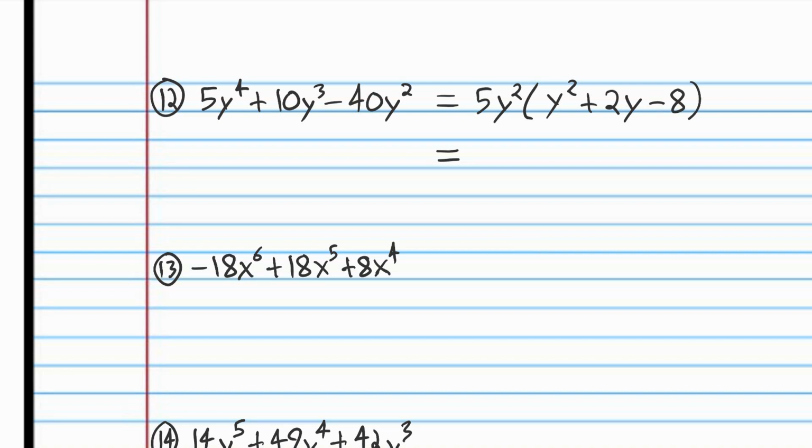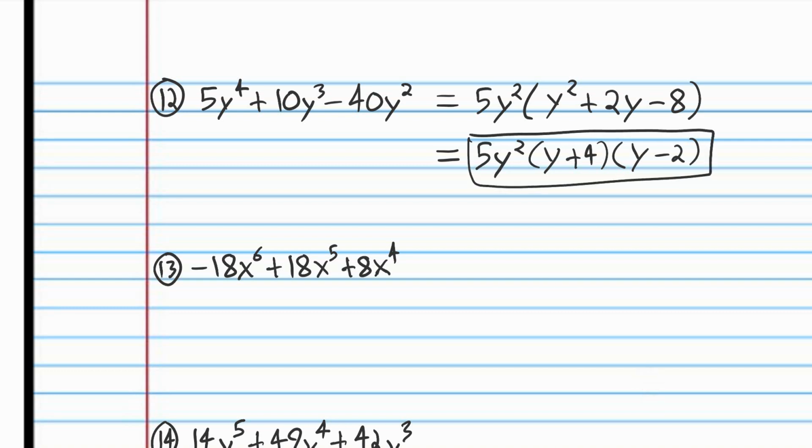Yep, that's correct. And we have a quadratic expression. And this is easy because we do not have a coefficient on y squared. So all we have to do is ask what two numbers multiply to negative 8 and add up to 2. So that's going to be plus 4 and minus 2. So if you got that answer, good job.